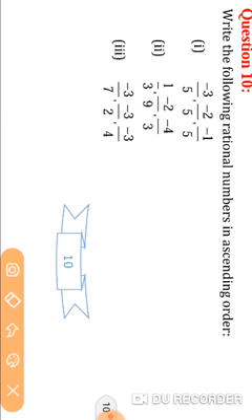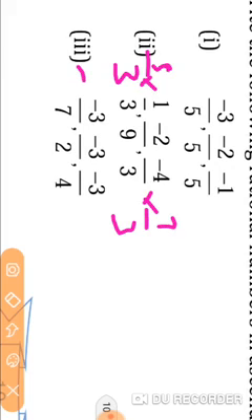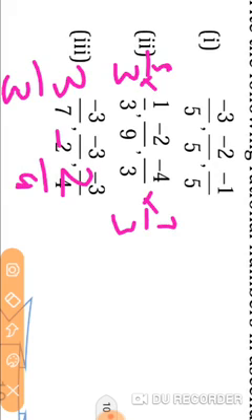Here they are not in the same denominator, so make it the same denominator by multiplying by 3 by 3. Here also by 3 by 3. So what it becomes? 3 by 3, minus 2 by 9 and 3 by 9.